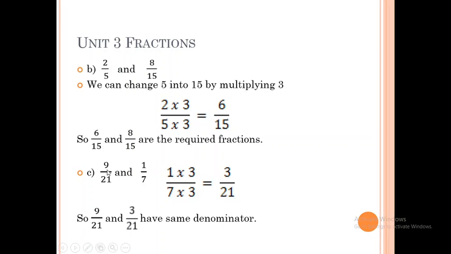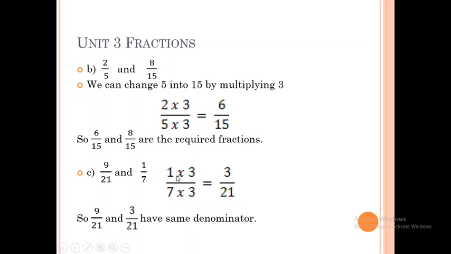Same here, 9 by 21 and 1 by 7. No need to take the LCM. Just see this one, 21 here as denominator and 7 here as denominator. And this 7 can be changed into 21 if you multiply it by 3. So we will do 1 by 7 multiplied by 3 by 3.